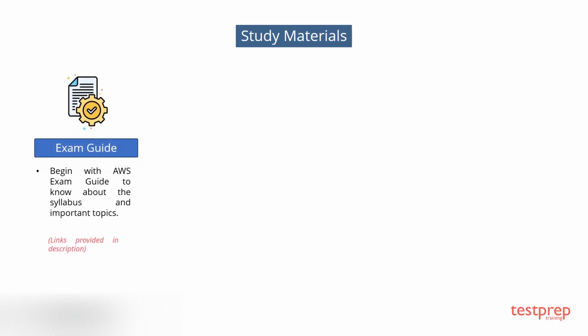AWS provides good resources including documentation and white papers, which makes it easy to study. Additionally, here is a list of resources you can use to prepare. The link to these resources is given in the video description. 1. AWS Exam Guide. You can begin with the AWS Exam Guide, to know about the syllabus and important topics. The exam guide consists of important topics from every module which the candidates should understand well. 2.